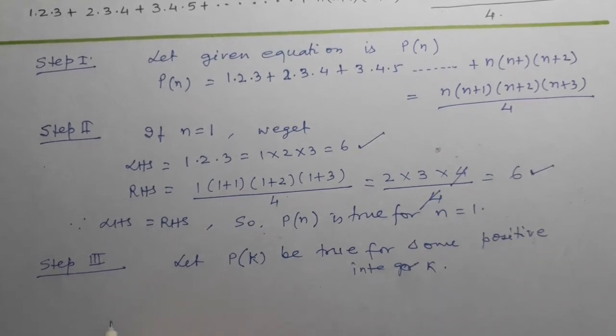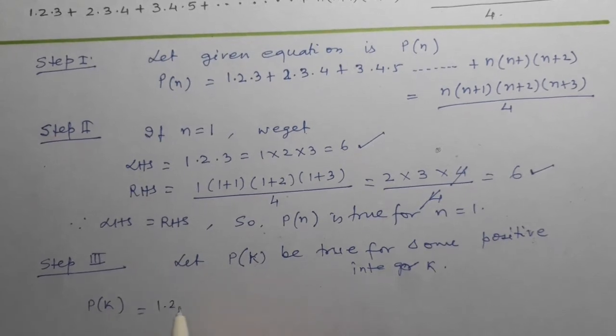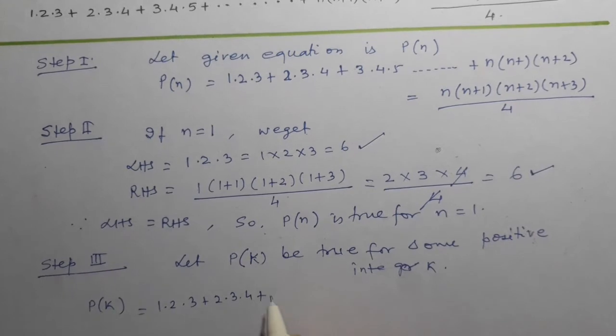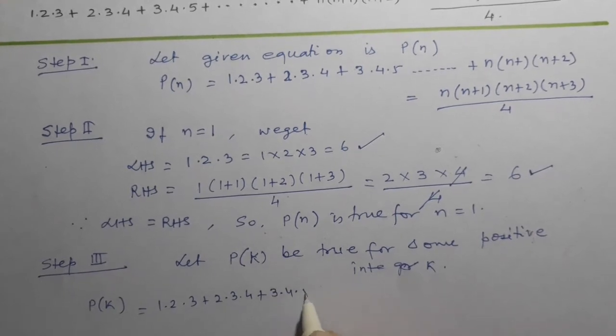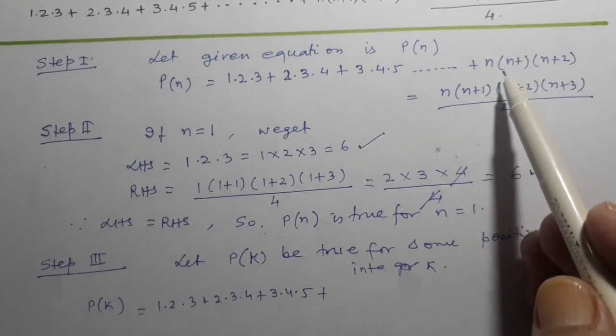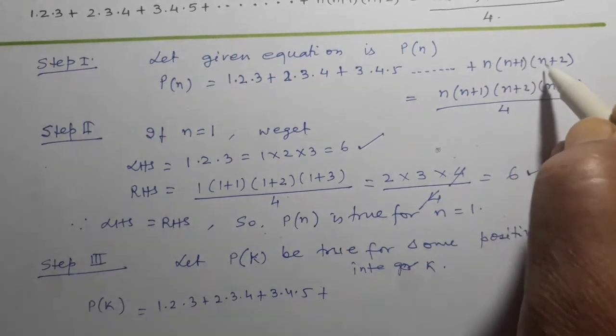So Pk will be 1.2.3 plus 2.3.4 plus 3.4.5 plus, now it is n into n plus 1 into n plus 2.